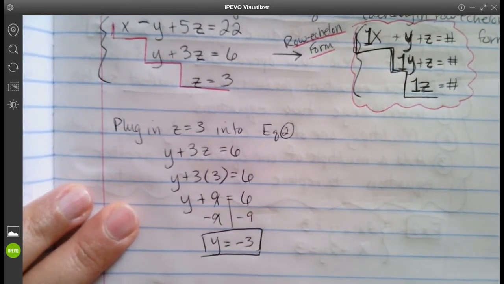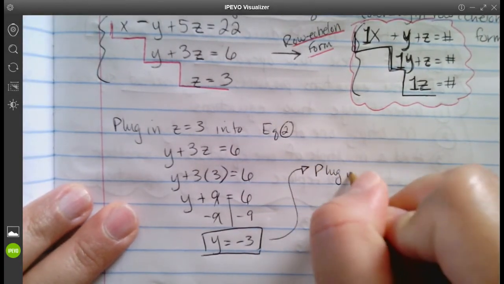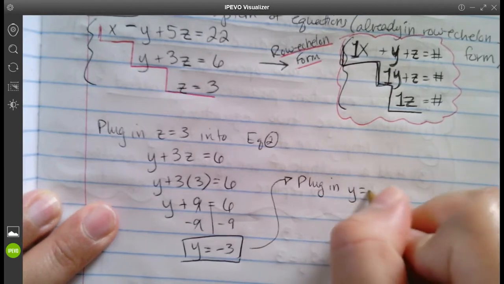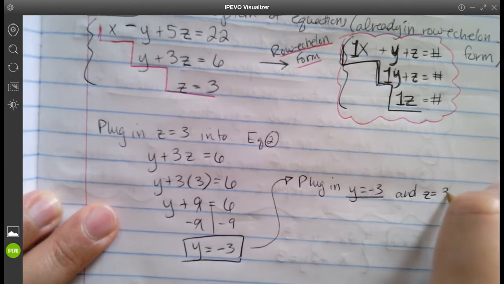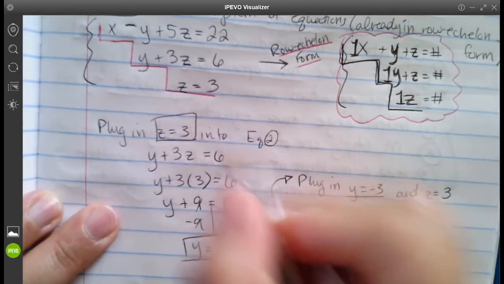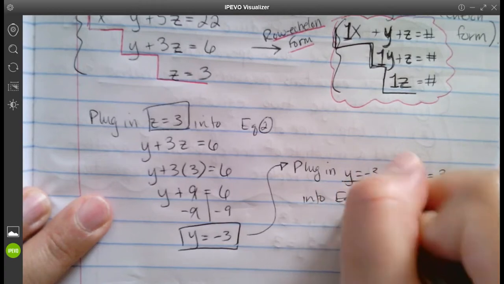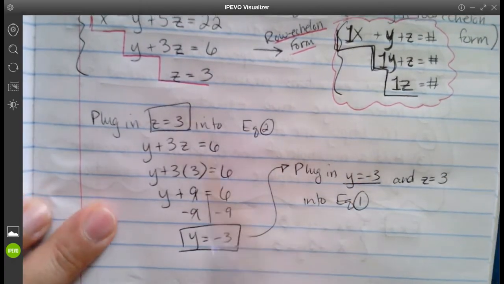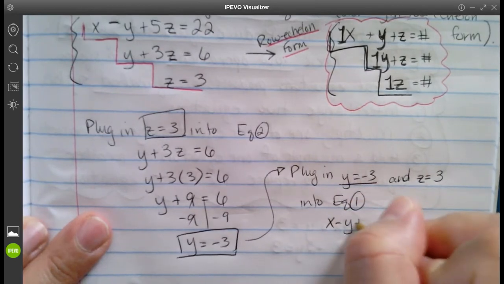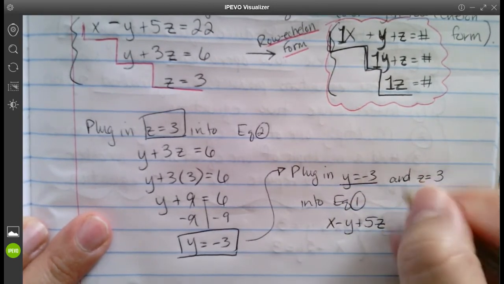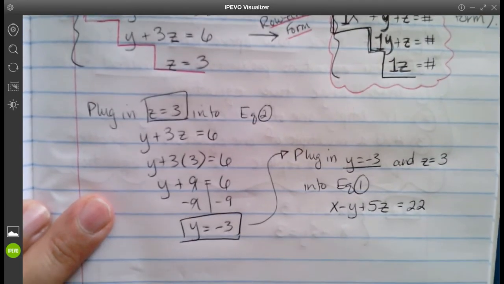Now from here, we can plug in y equals negative 3 and z equals 3, because we already have that one, into equation 1, which is this one up here: x minus y plus 5z equals 22. We just plug them in.